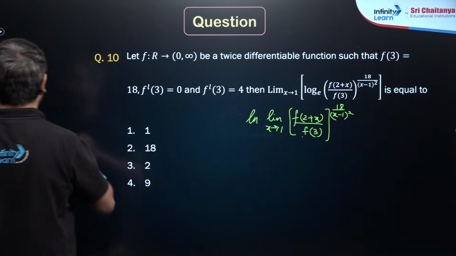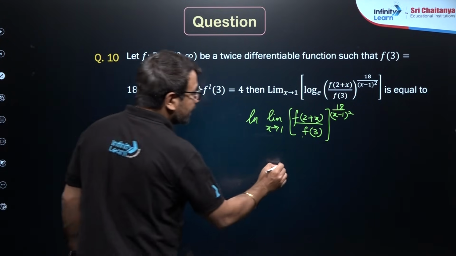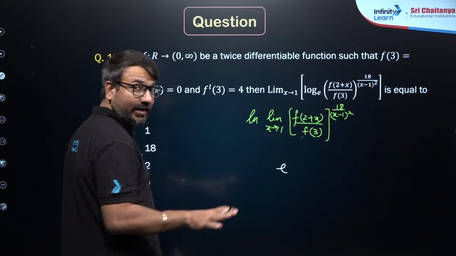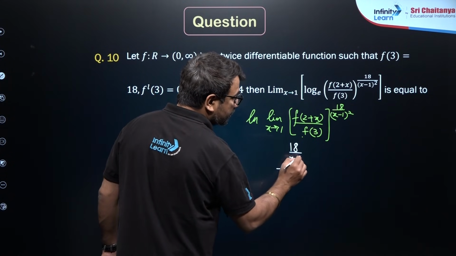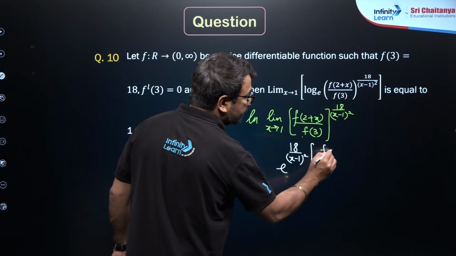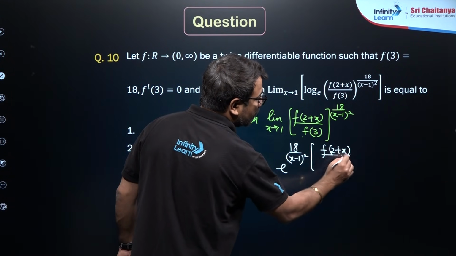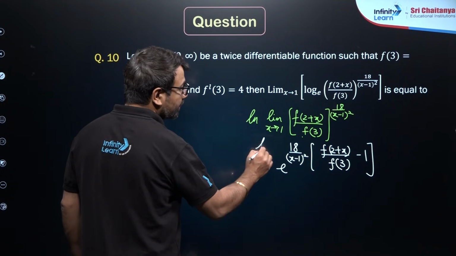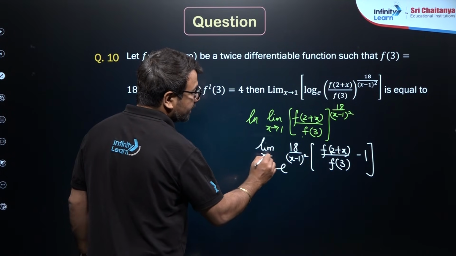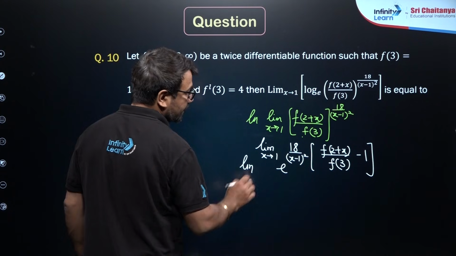Now we are writing here e raised to the power, this power will come in the front, and then here it will be f of 2 plus x over f of 3 minus 1. So here we have to write limit x tending towards 1 and outside there is ln.